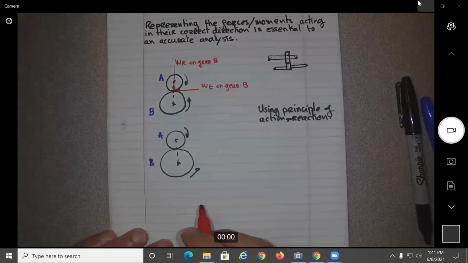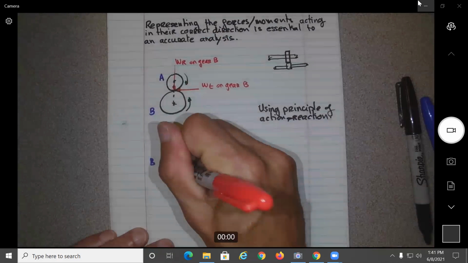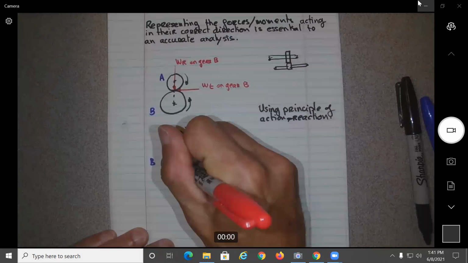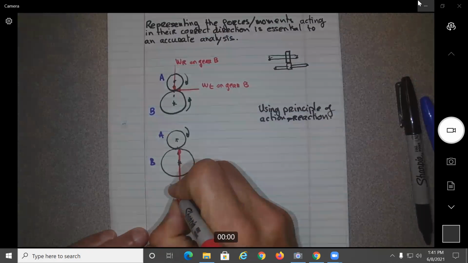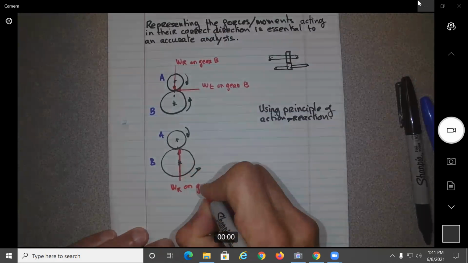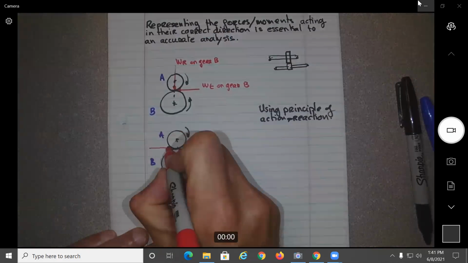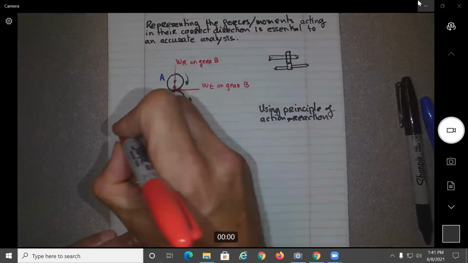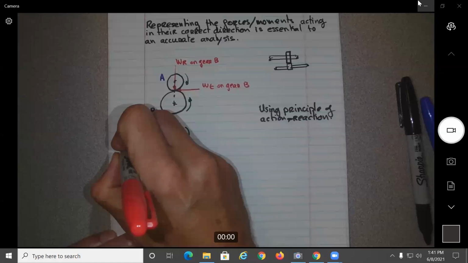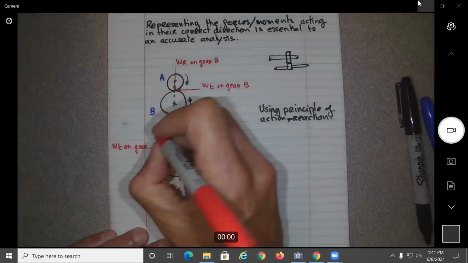So now what will be the forces? If we look at the other direction, this will be WR on gear B, on gear A. And this will be WT on gear A.